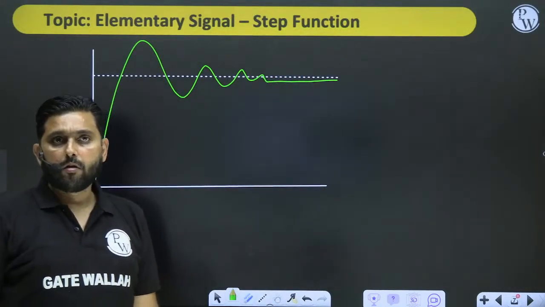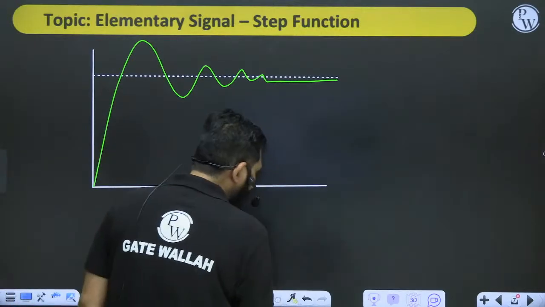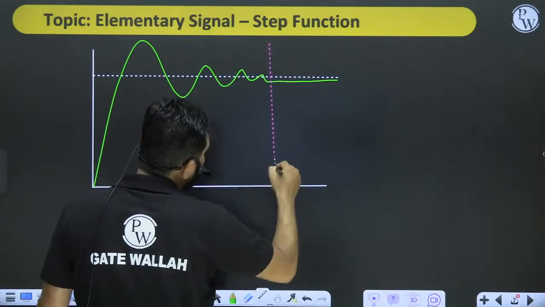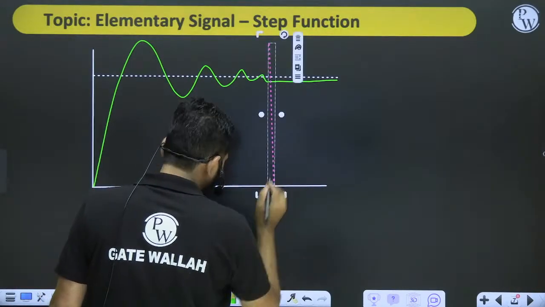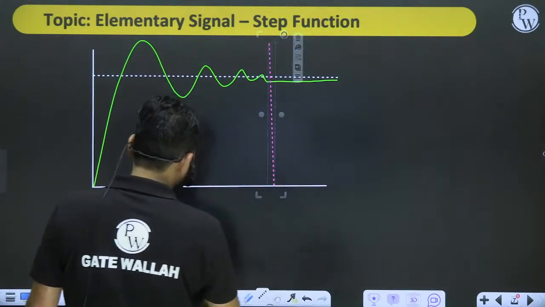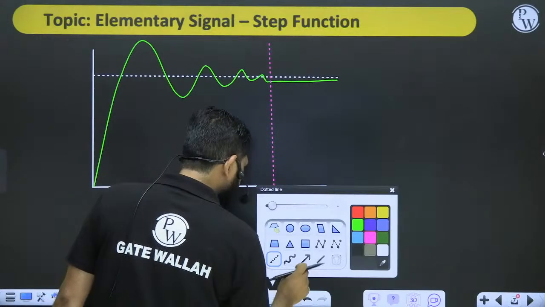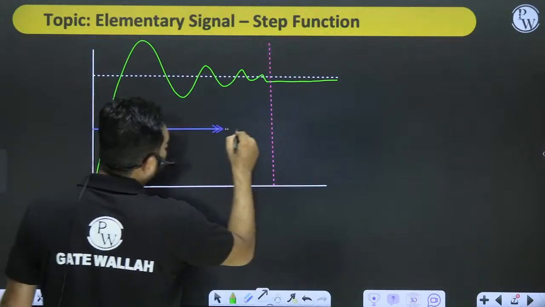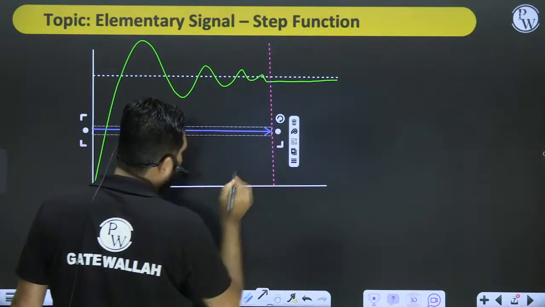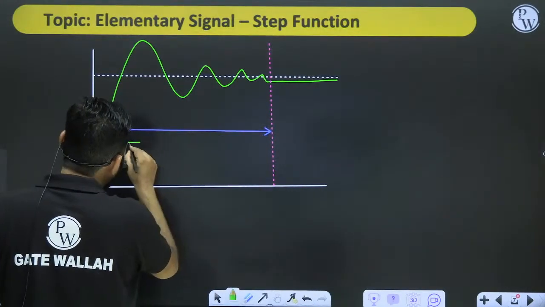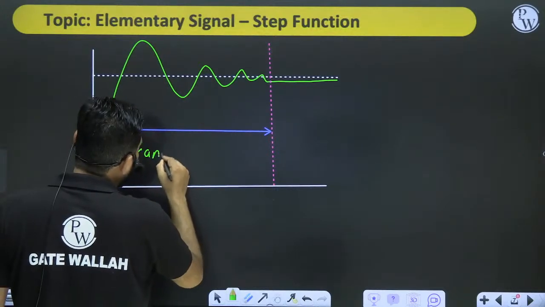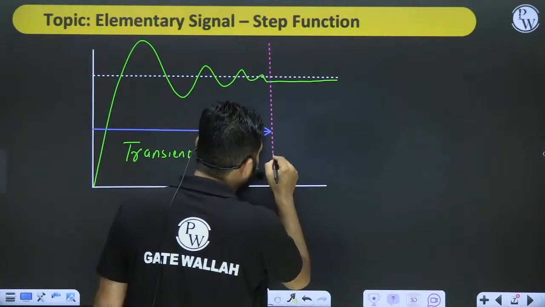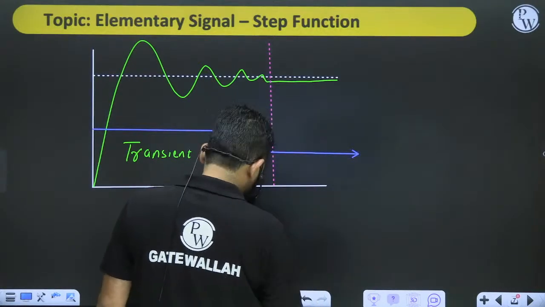Up to this part, we call this the transient part, and this I am calling the steady state part.